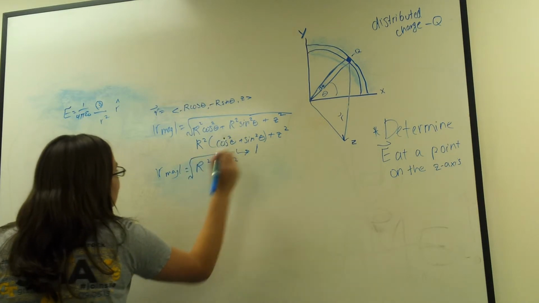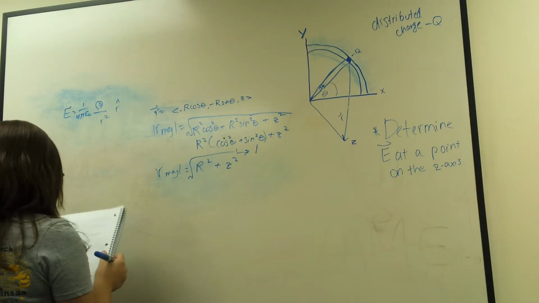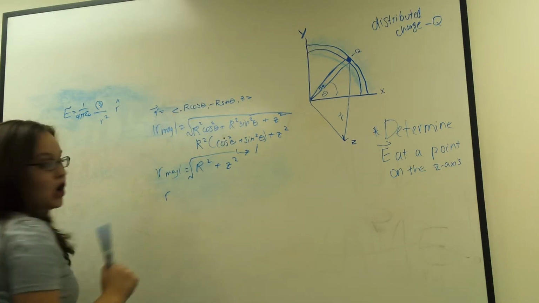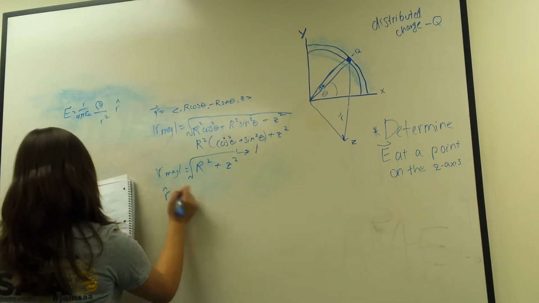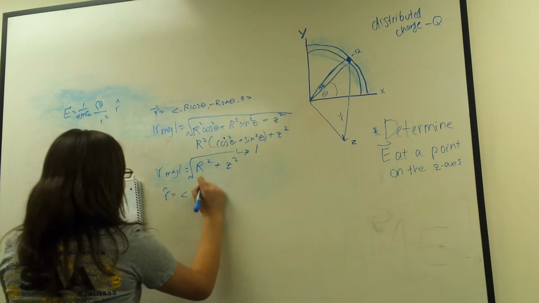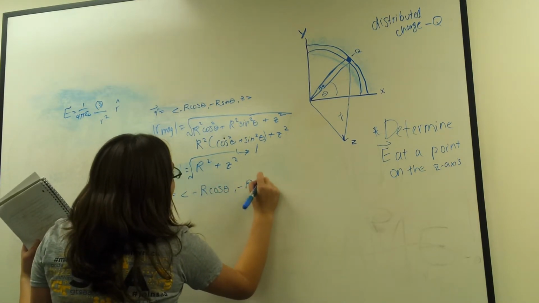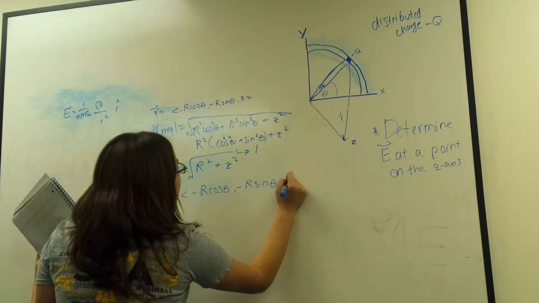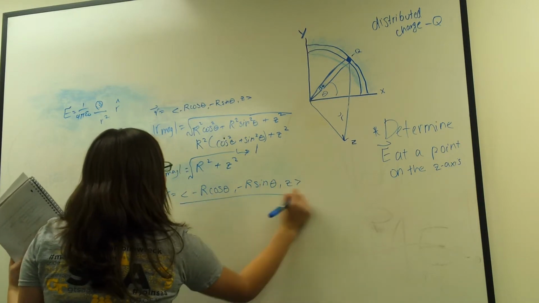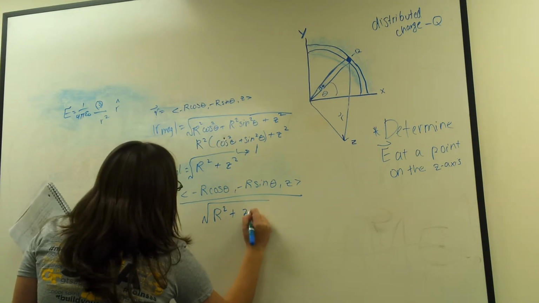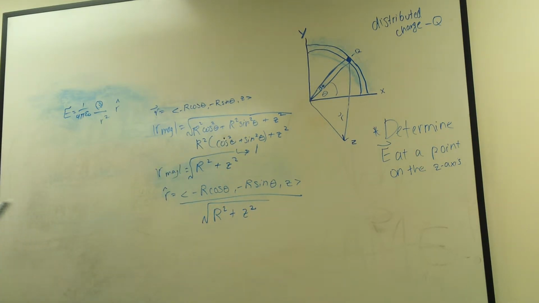That means R hat is your R divided by R magnitude: negative R cosine theta, negative R sine theta, Z, over the square root of R squared plus Z squared.